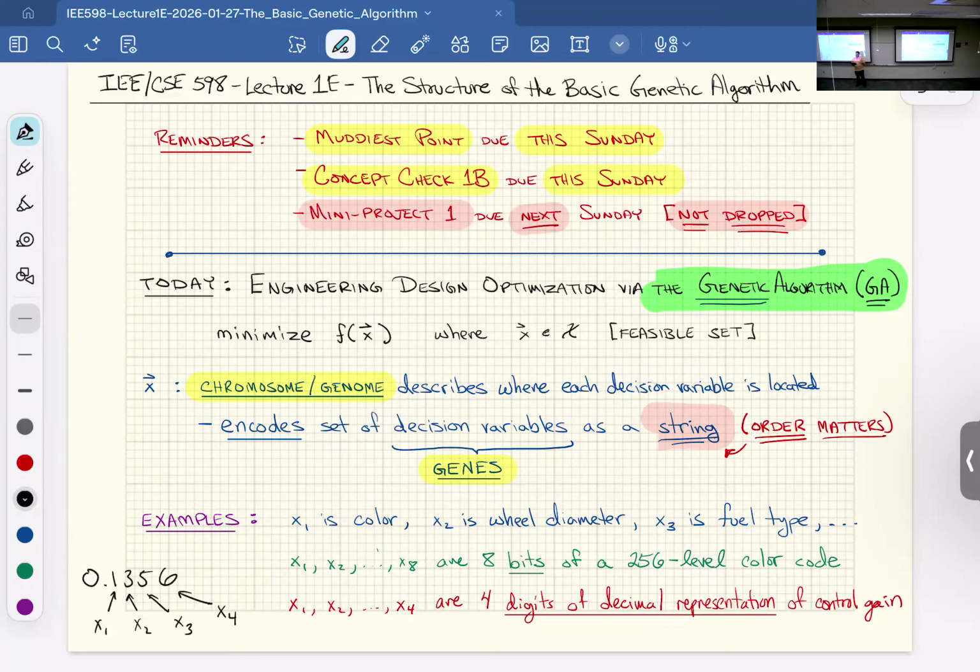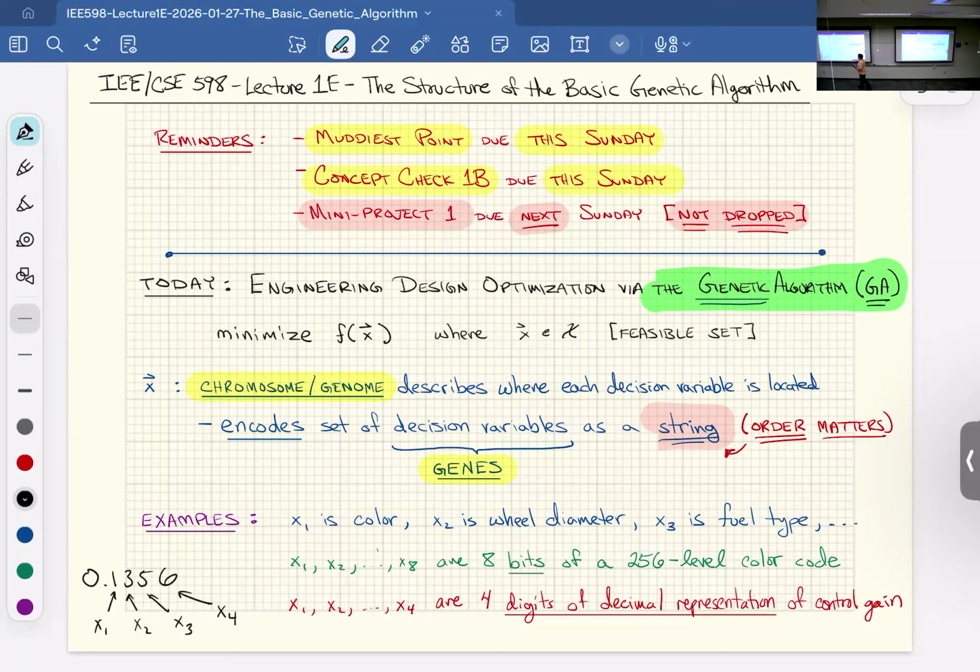And again, that might seem a little silly. Why don't I just have a real valued x1 that is the whole number there? I'm hoping as you play with mini project one, you'll see that having these encodings this way can allow for more interesting ways to search the space.